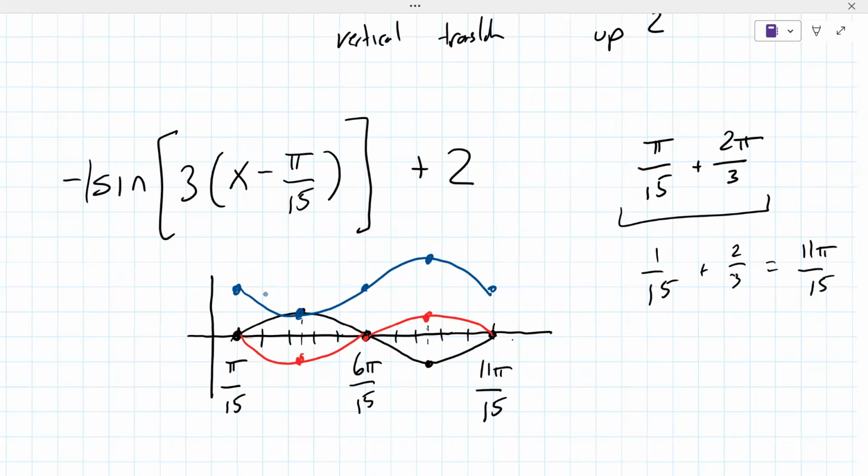Okay. And that's it. And if you had to go out one more period, you'd have to add 2 pi over 3 to 11 pi over 15 and draw the same thing.